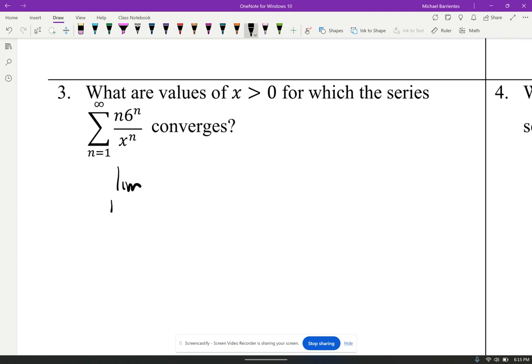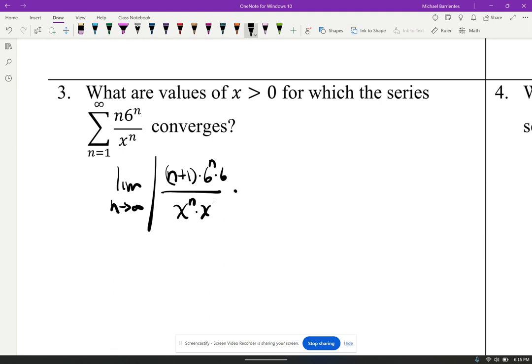Take the limit as n approaches infinity of the absolute value of, and then let's plug in n plus 1 times 6 to the n plus 1. Why don't I just write it now as 6 to the n times 6 to the 1 divided by x to the n plus 1, which again I can write as x to the n times x to the 1.